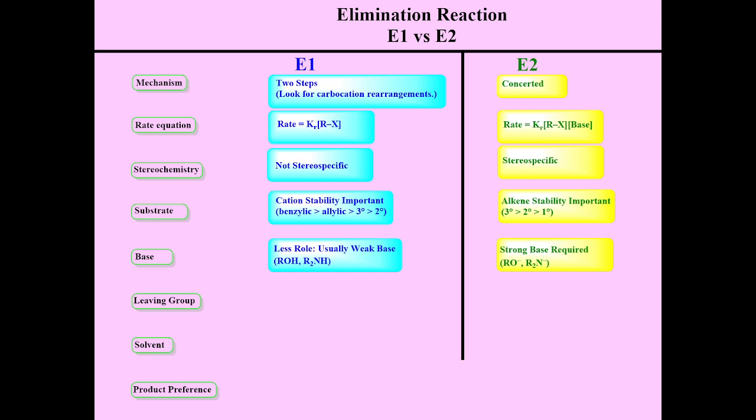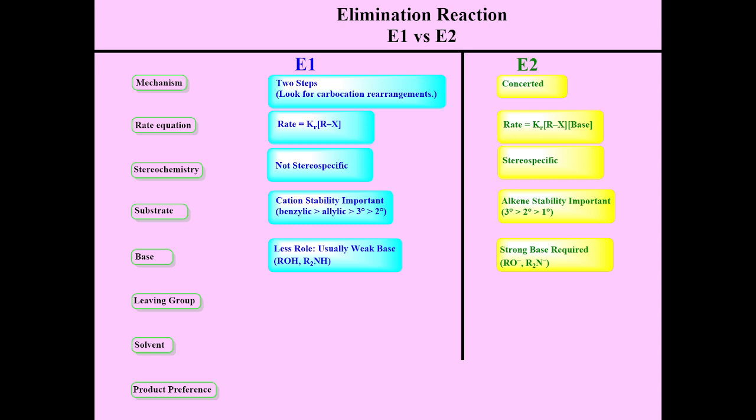Next comes the base. In case of the E1 reaction, the base's role is less important as it does not appear in the rate equation. So usually a weak base can also be preferred, or can also give the elimination product, like alcohol or 2 degree amine. Whereas in case of E2 elimination, a strong base is required, like alkoxide or amide, R2N minus.